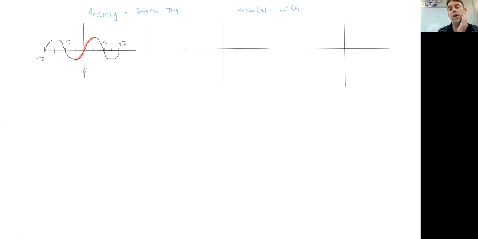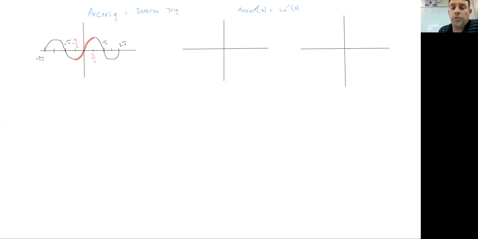So that domain is the domain that we are using when we're dealing with arcsin. That domain is us going from -pi/2 to positive pi/2. And we'll clarify that here in a second.